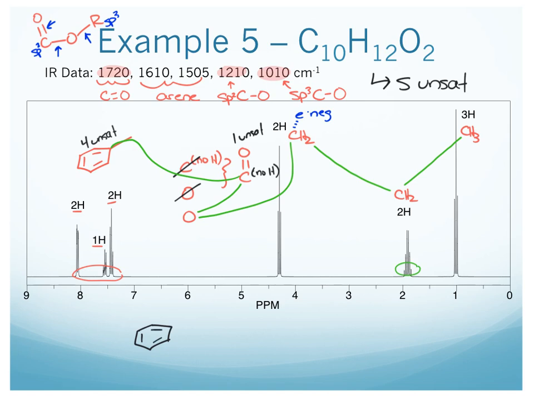We have our aromatic ring, C double bond O, O, CH2, CH2, CH3.